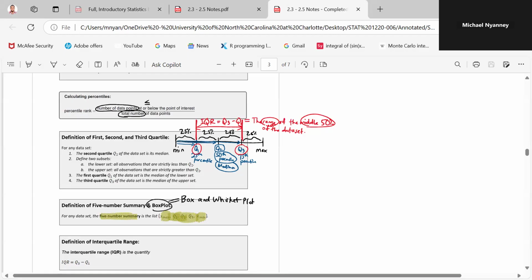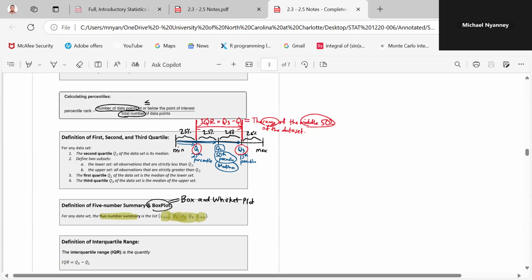Whenever you find the median of your data set, you have your data set split into 2 equal parts. Then you are going to have the lower set, the data below Q2, and the upper set, the data above Q2. We determine Q1 and Q3 through the lower set and the upper set respectively.